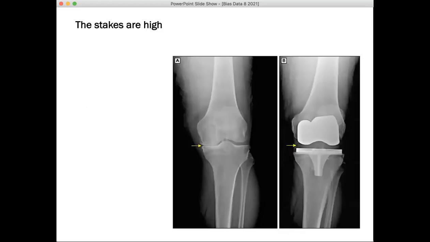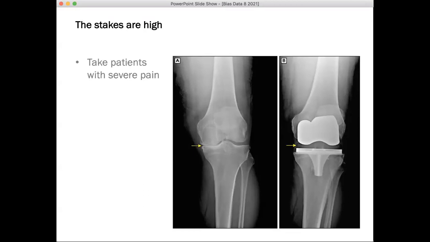There are a number of other explanations that I'll just gloss over for now. But here's why this matters. Let's go back to the clinic. When you refer that patient to the next doctor, if that doctor is an orthopedic surgeon and decides, oh, this patient would really benefit from a knee replacement, that is a life-changing experience for a patient. So your life goes from one where you can't walk around, you can't do your shopping, you can't sit down on the toilet without excruciating pain in your knee, to basically living a normal life.